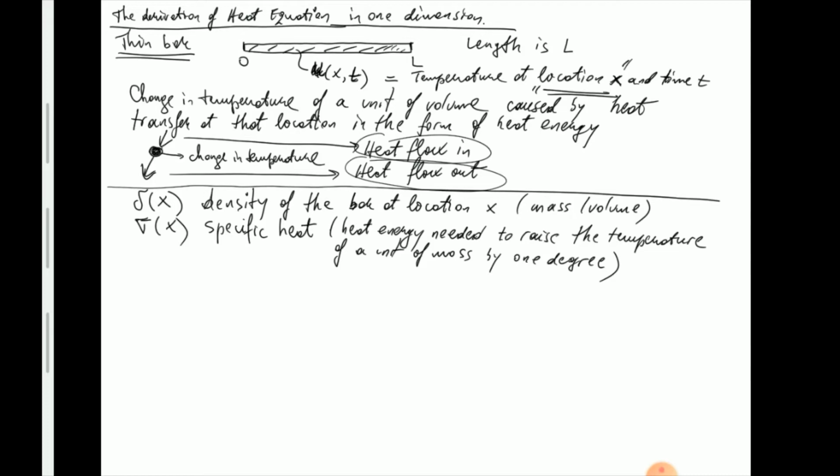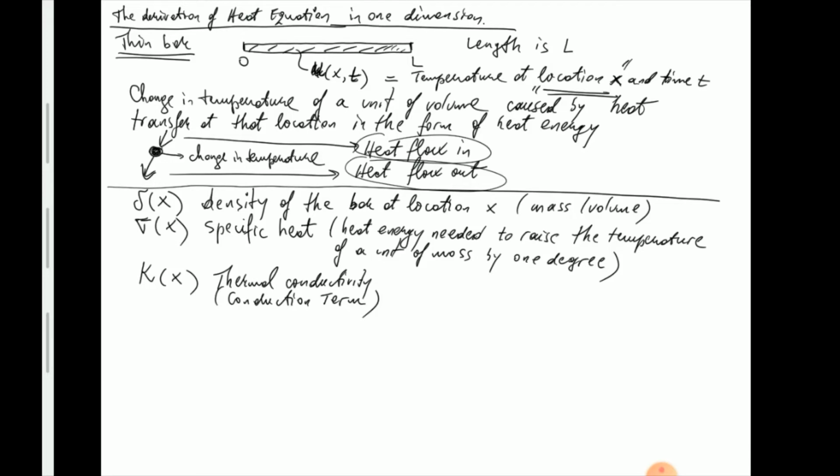Another important term, which is denoted by big K of x, is the thermal conductivity, or the conduction term. As the name suggests, it measures how much the material is allowing the heat to flow.